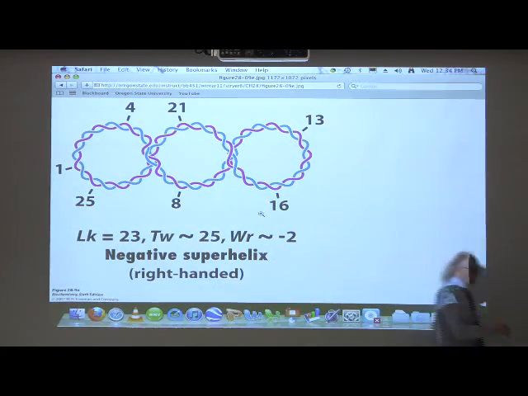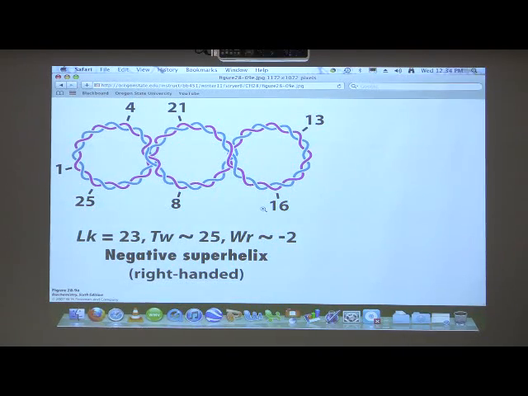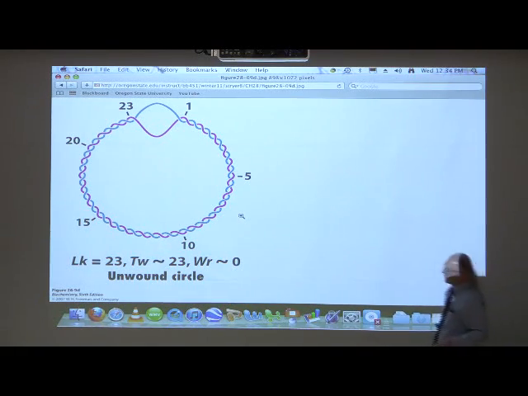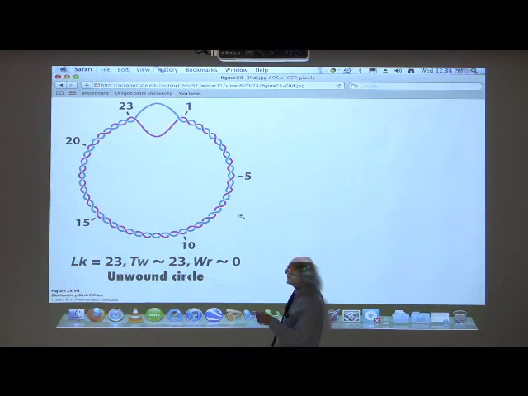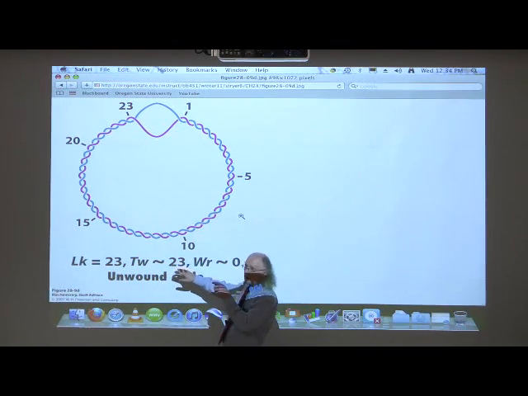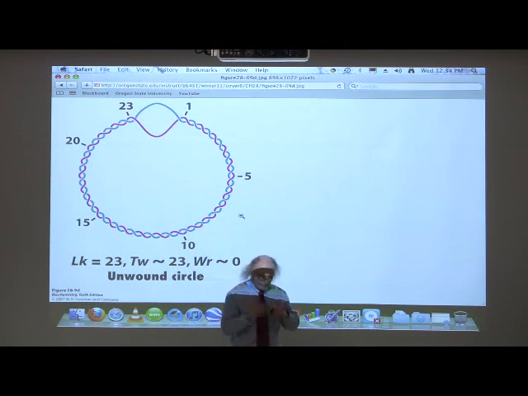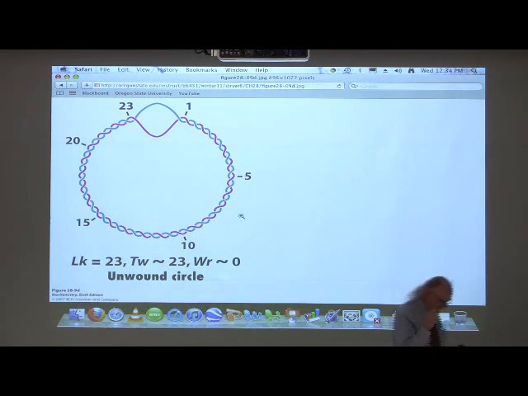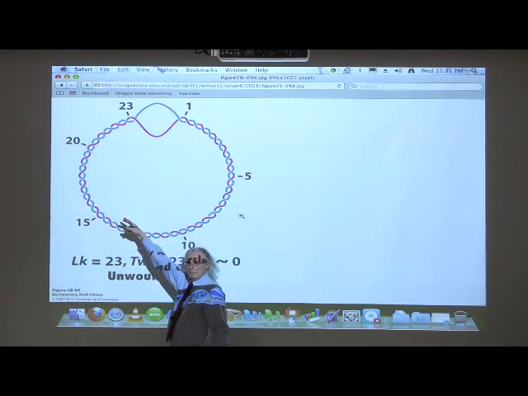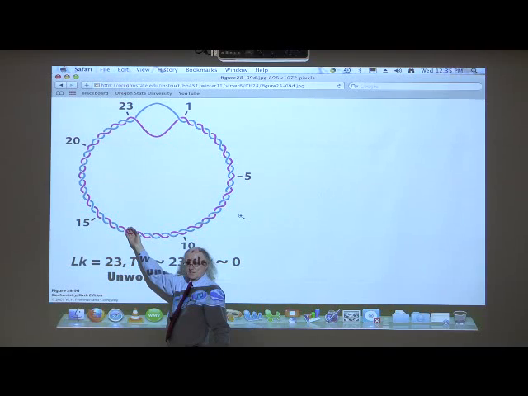Now let me go back and show you the previous figure. Notice LK, TW, and WR. In the strained molecule, we had 23 times it crossed. Back up, I'm going to confuse you. Let me not start with turns. Start with linking number. The linking number is what I've been calling the times the strands cross each other: 23 times.